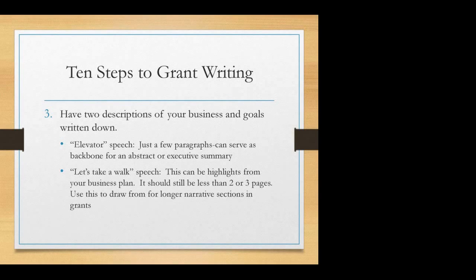For example, there's usually the work plan narrative, and there's the budget narrative. There are lots of different places where this can come into play. There are also times that this can come into play if you're doing other things other than grants, like looking for loans. Having this and the business plan already done can really assist you.